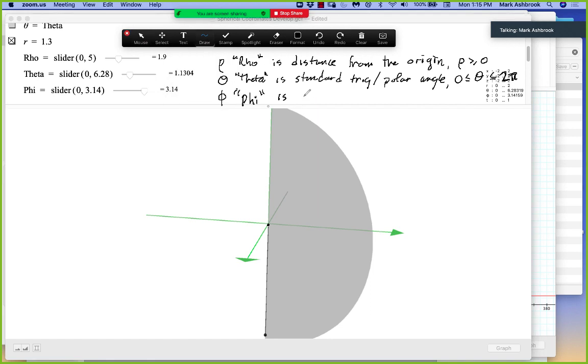So phi is the angle tipped down from the positive z-axis, but in the direction of theta. And phi can be between 0, positive z-axis, and pi, the negative z-axis.